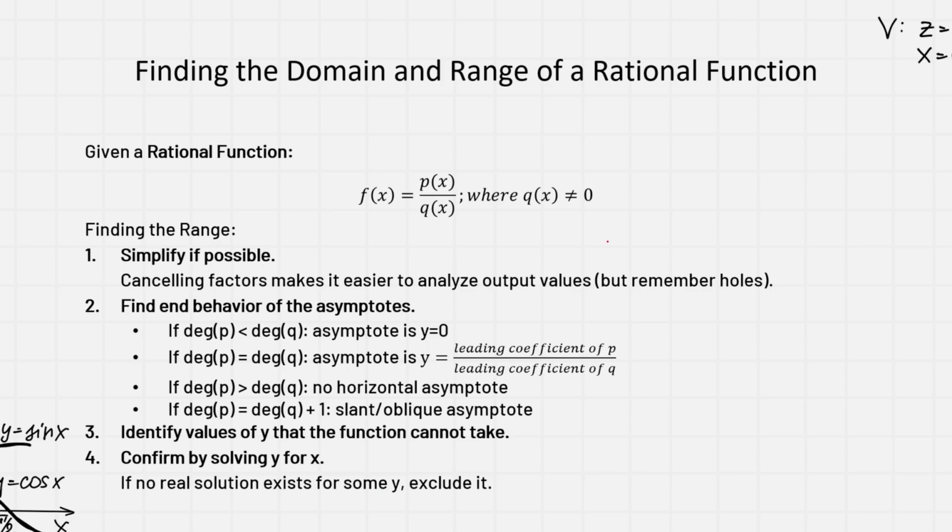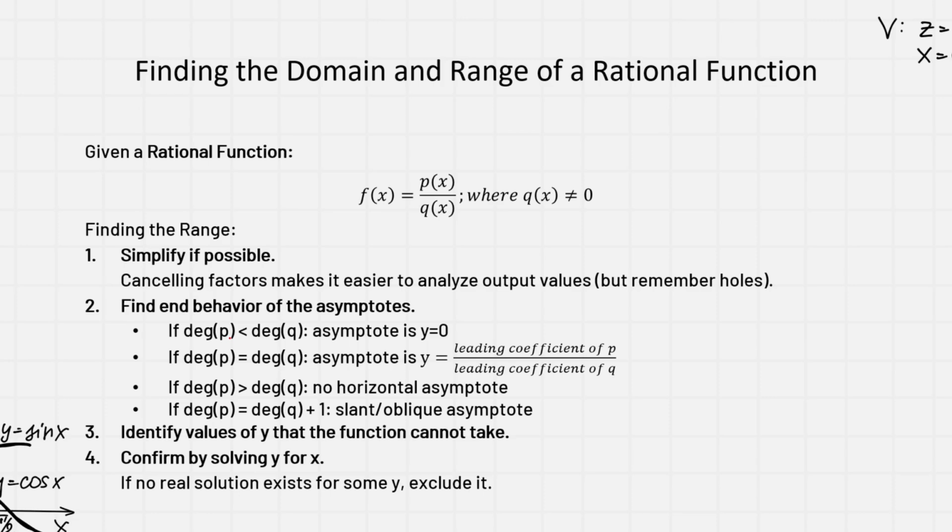Okay, so if the degree of your p of x, the numerator, is less than the degree of the denominator, what I'm referring to here is the degree of the leading term. Again, if the degree of the leading term of the numerator is less than the degree of the leading term of the denominator, we have a horizontal asymptote here, which is always set equal to 0. We have y equals 0.